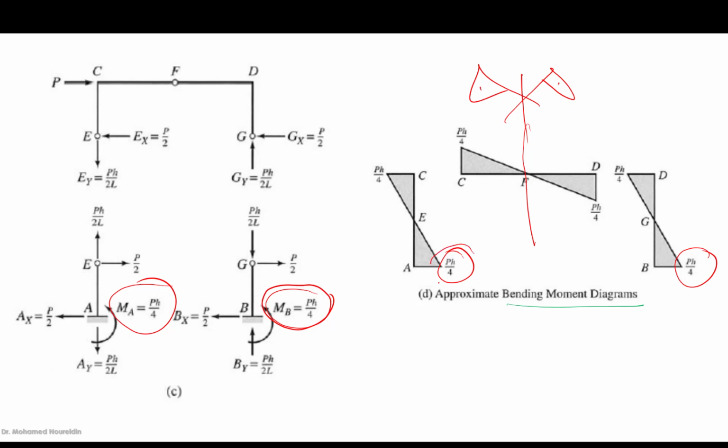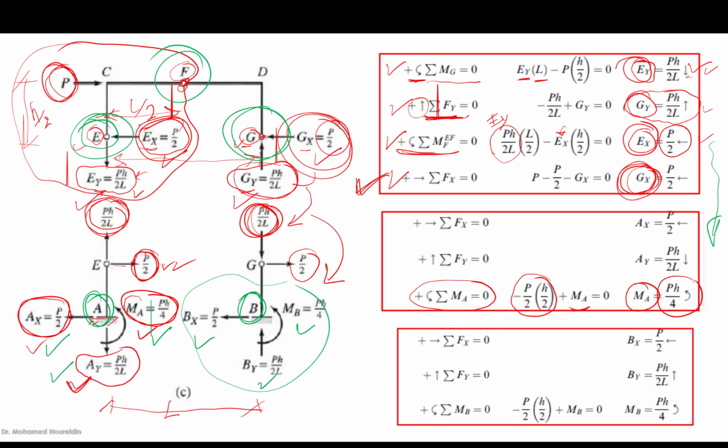We have PH over 4 here, and at this point, which is point E, there is an internal hinge, or there is a point of inflection, so there is 0 here, and then at the top it is PH over 4. Already we have obtained this. Okay, PH over 4 from P over 2 times this distance. And if you go back, already we have this value.